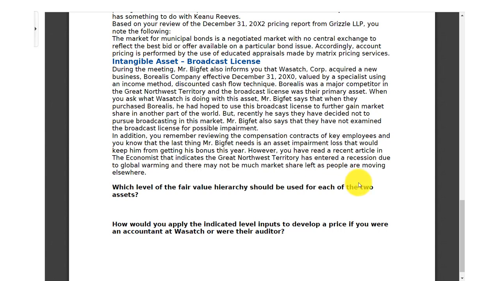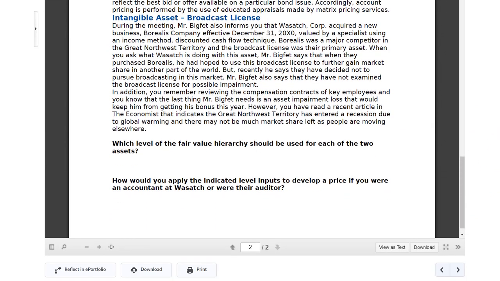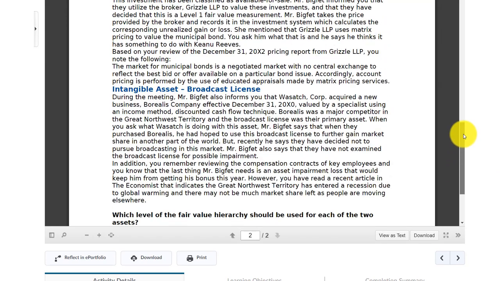Okay. So, especially since there's a change in the situation because of the recession up there in the Great Northern Territories, definitely going to need to revalue this using level 3 fair value.